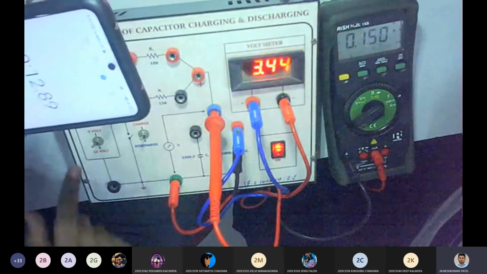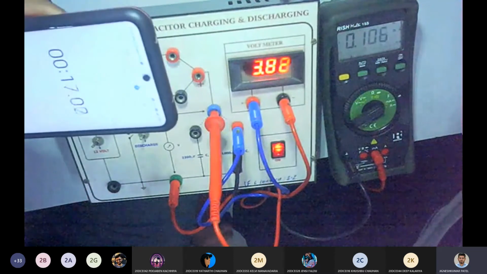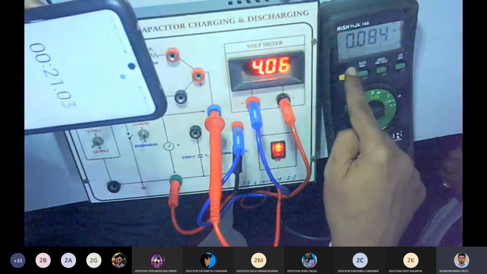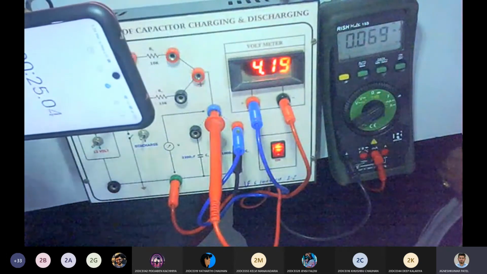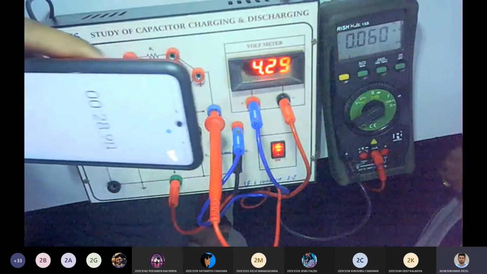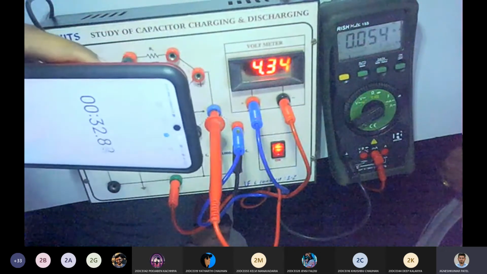And see, here we take a 5 volt supply. That's why the voltage across the capacitor is increased up to 5 volts. Currently the current is continuously decreasing and goes to 0. But up to where do you require to go? You require to go to around 4.9 something, and above 4.9 you simply stop taking the next reading.